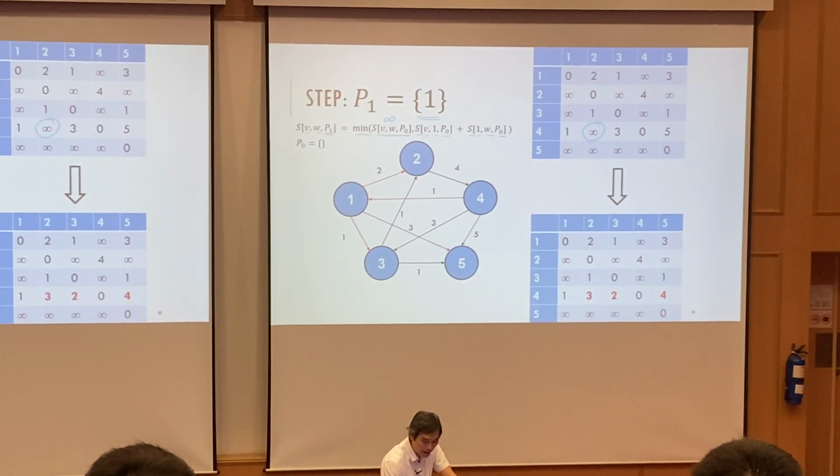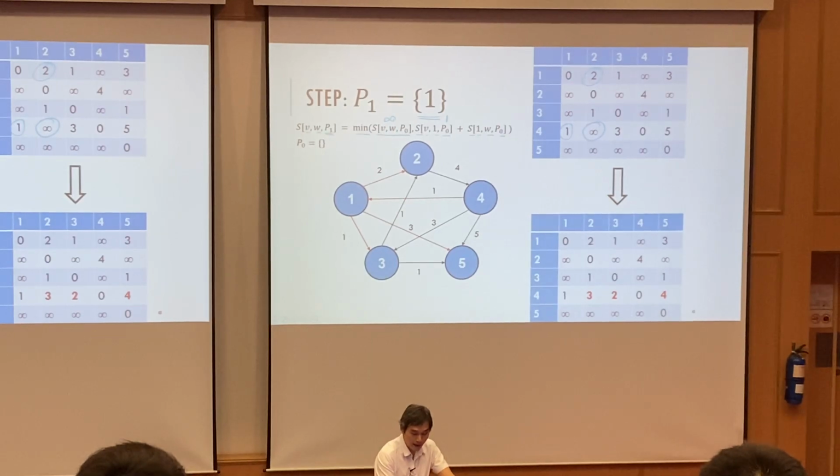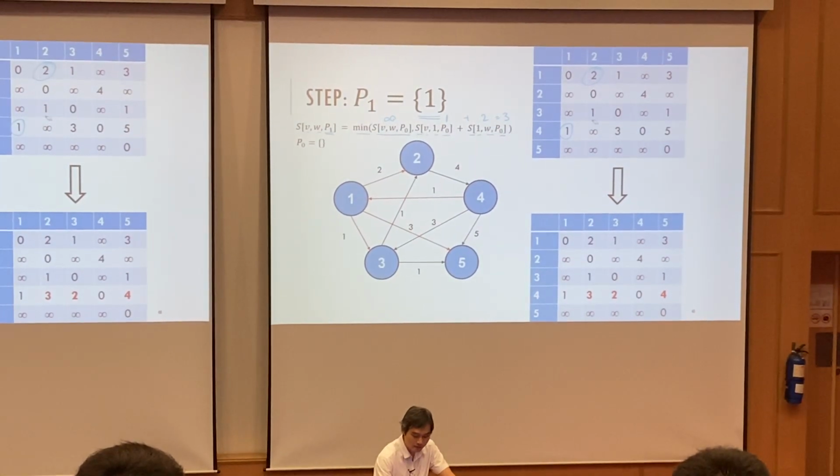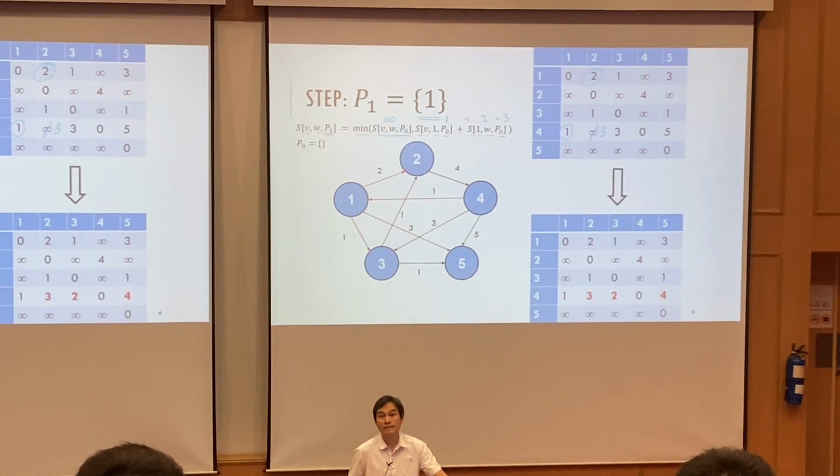And then we're going to look, all right, what's 4 to 1, P0? 4 to 1 is this, which is 1. And then 1 to 2 is 2. So we're going to add these two together. This is going to be 3. So the smaller of infinity and 3 is 3. So this is gone, and I'm going to change this to 3. So that's how you get the 3 over here.